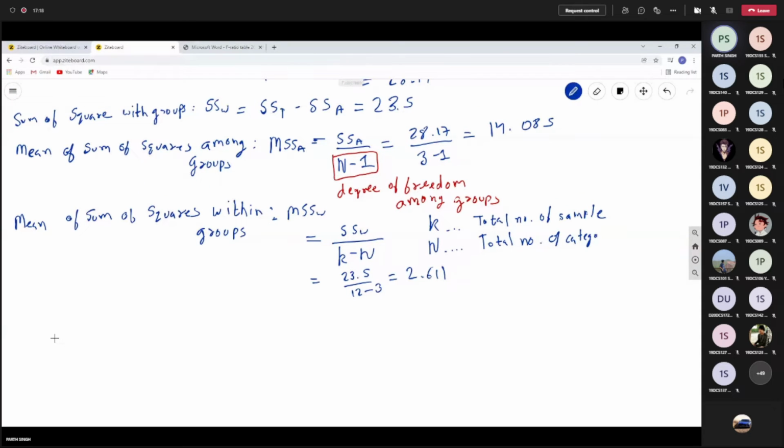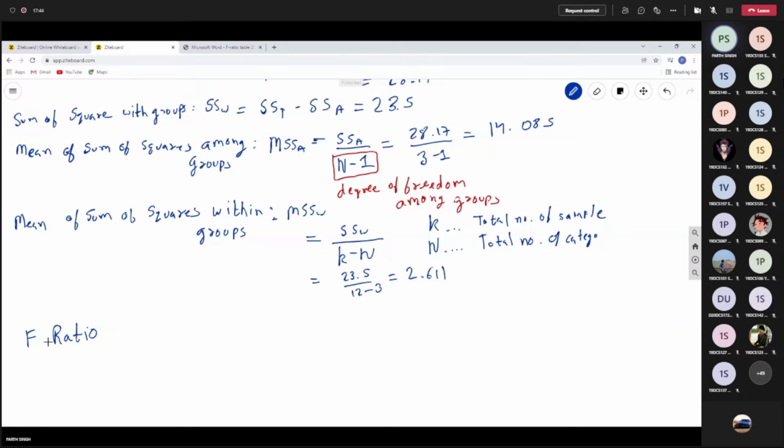Okay, now the final step. All the hard work we did in so many steps, whatever we solved so far, why did we do it? That is to find something called the F ratio, also known as the Fisher ratio. Who is Fisher? The person who created ANOVA, that is analysis of variance.